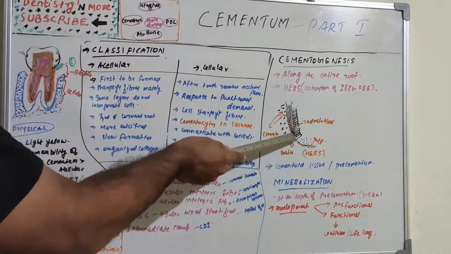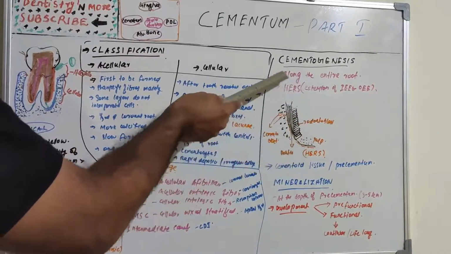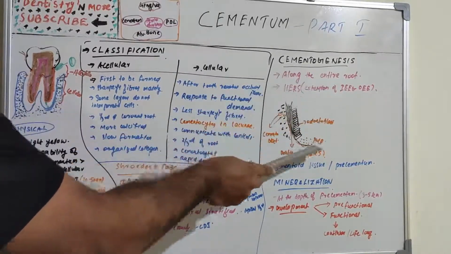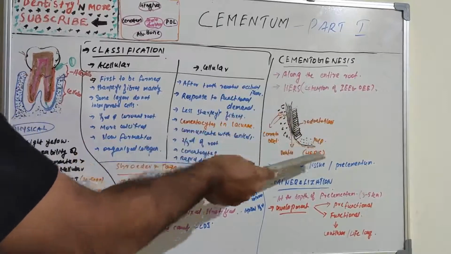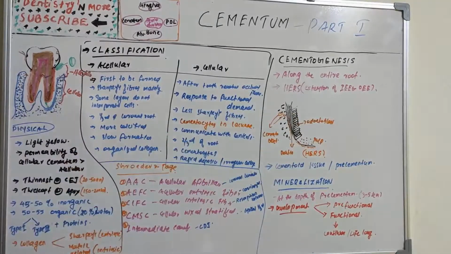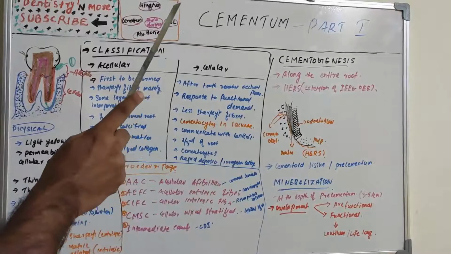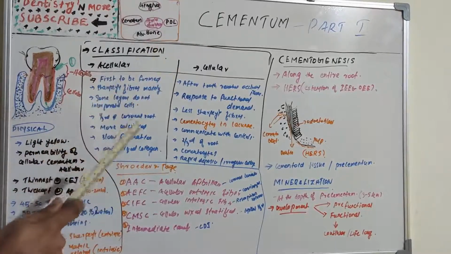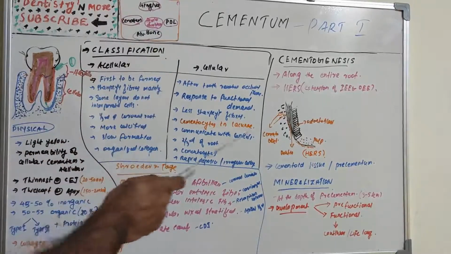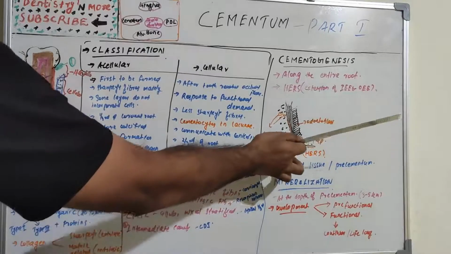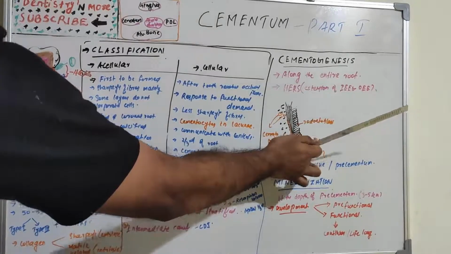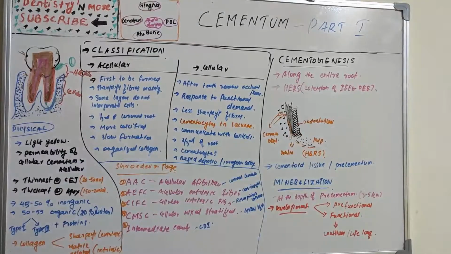Okay, so this is Hertwig's epithelial root sheath. This is the advanced bell stage. I just made a small portion of it. So once dentine formation is underway, it breaks the Hertwig's epithelial root sheath. So it is now known as epithelial rests of Malassez.